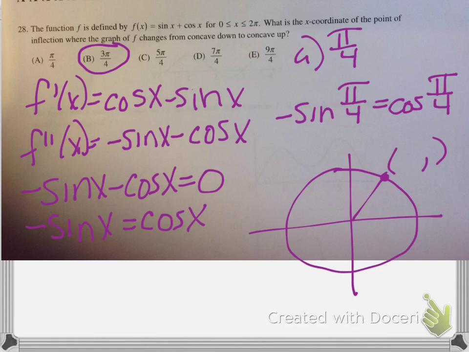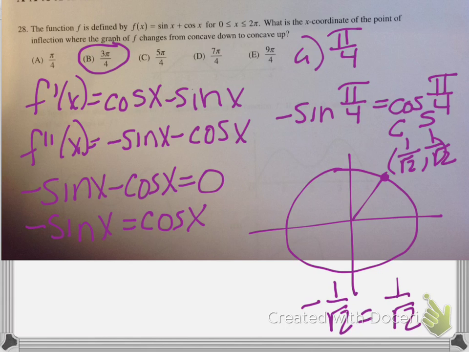And hopefully by now you know that sine and cosine of 45 degrees is 1 over radical 2. And this is something that you need to know because 45 degrees is the only angle where sine and cosine are equal to each other. So this is the cosine, this is sine. So is negative sine of pi over 4 equal to cosine of pi over 4? No. And therefore A cannot be the answer.